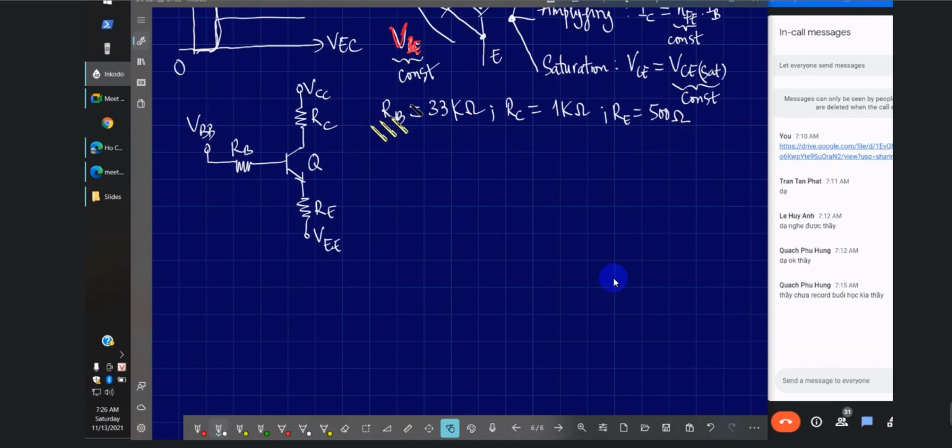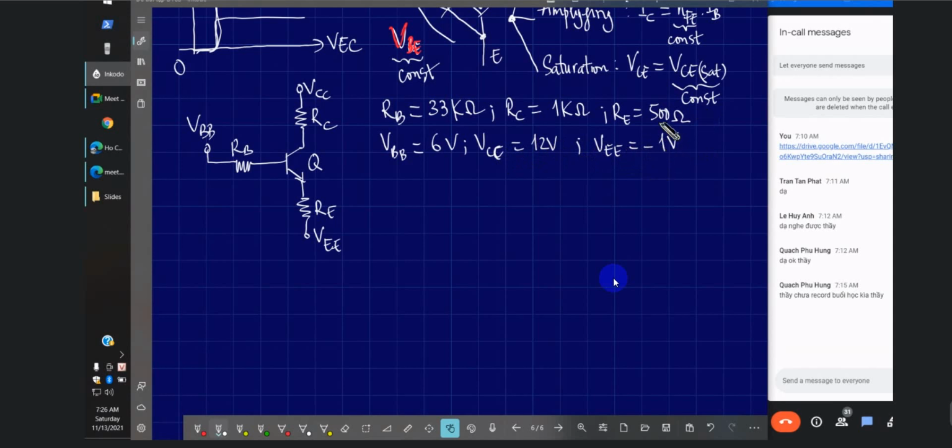VBB is 6 volts, VCC is 12 volts, and VEE is minus 1 volt.